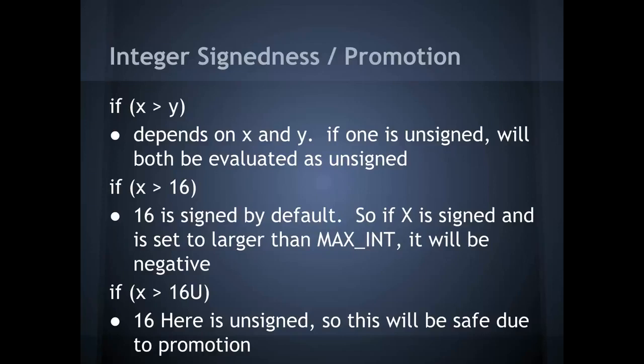So the next case, if x is greater than 16, hard-coded values like 16 are signed by default. So if x is signed and is set to a value larger than max int, it will be negative. But in the last case, you can use the capital U modifier to declare a hard-coded value as unsigned.